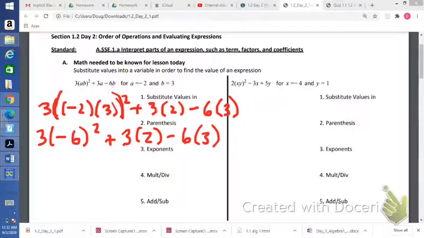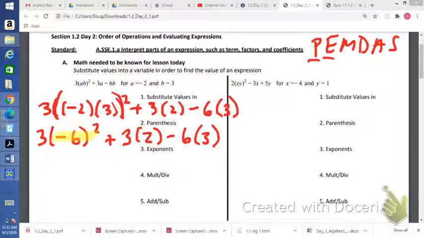Okay, next thing I want to do is the exponents. Remember, again, the mnemonic to help remember this is please excuse my dear Aunt Sally. Alright, so parentheses, exponents. So I see that we have a -6 raised to the second power. Be careful with this again.